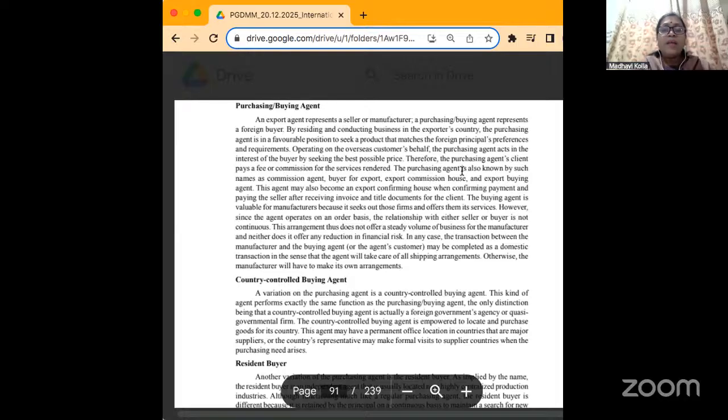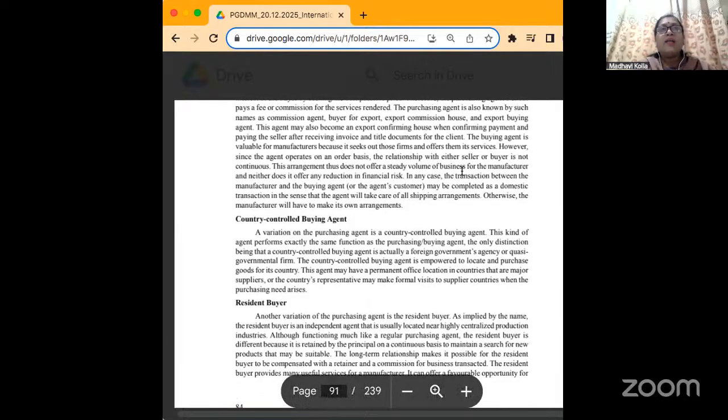Again, they may be working based on a commission, or they may have certain other financial agreements in place. But what needs to be understood is that this arrangement does not necessarily offer a steady volume of business for the manufacturer, and neither does it offer any reduction in financial risk, because the transaction between the manufacturer and the buying agent who is representing the buyer may be completed as a domestic transaction, and the agent takes care of all the arrangements.